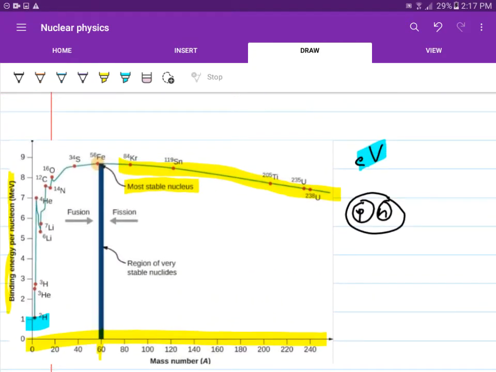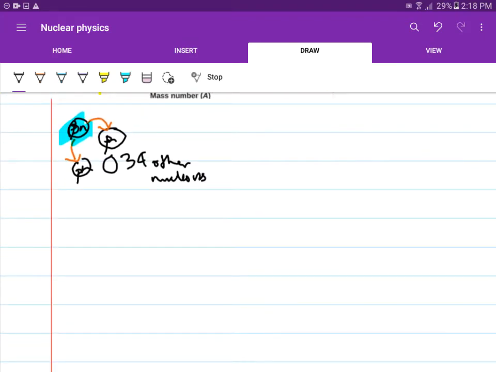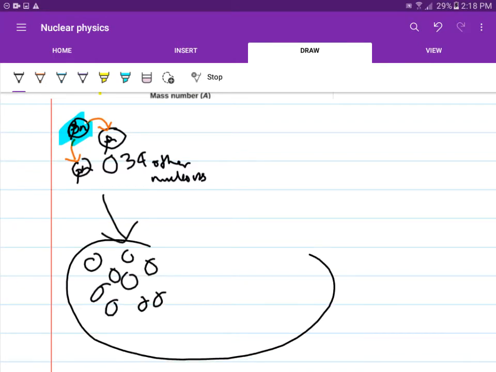For example here, uranium 235. The mass number of uranium here is 235. So let's scale up here. For example, we have one nucleon here and 235 other nucleons. So it's a big nucleus.